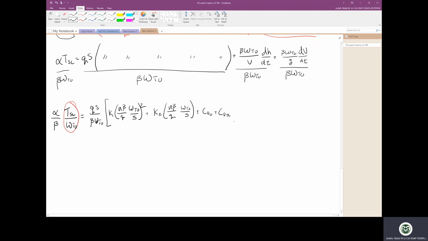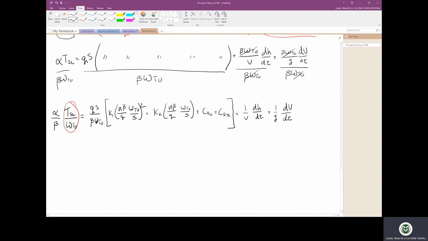I'm going to close that bracket now. Plus, now this divides out, 1 over V dH dt plus 1 over g dV dt.